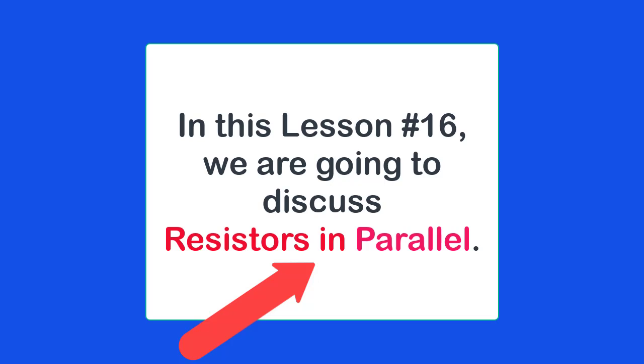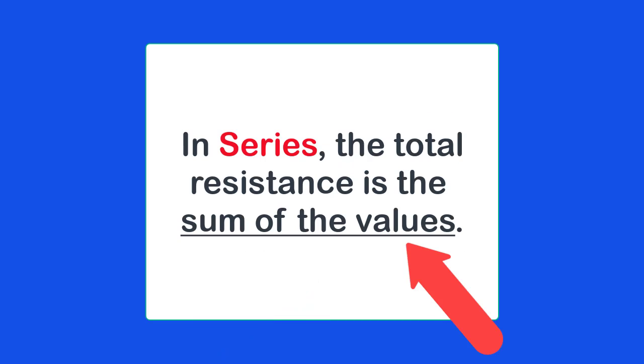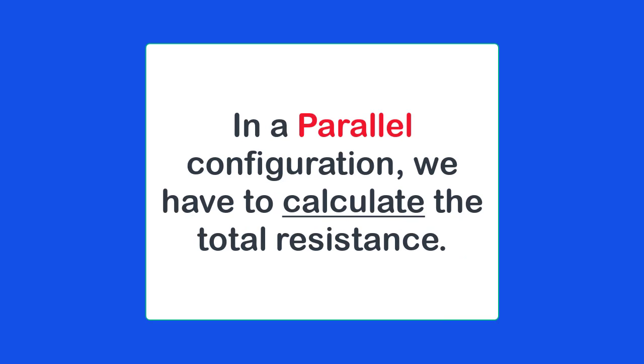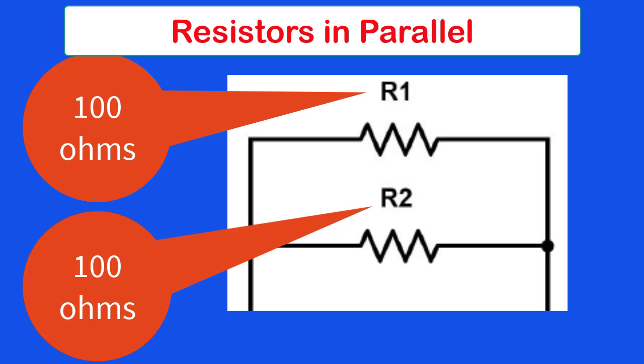In series, the total resistance in the circuit was the sum of the resistance values. But when resistors are put in a parallel configuration, that is, side by side, we have to calculate the total resistance. If we put two 100 ohm resistors, R1 and R2, side by side, the equivalent resistance is less than 100 ohms.